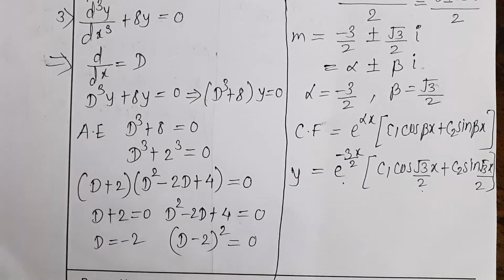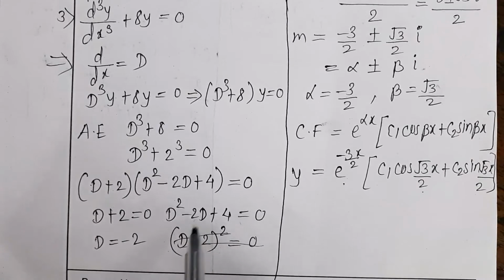Is it D minus 2 whole square? No, because this is minus 2D, not minus 4D. If here we had minus 4D, then only it would be D minus 2 whole square. Now how do we find the roots of this equation?